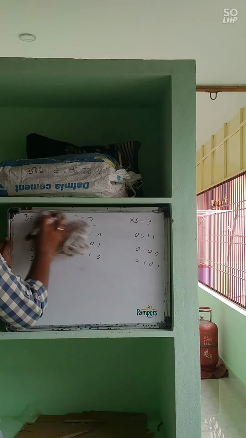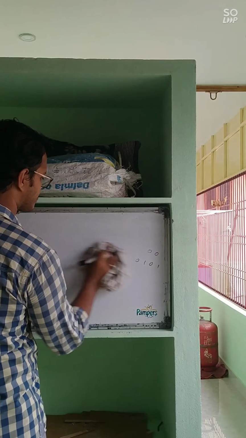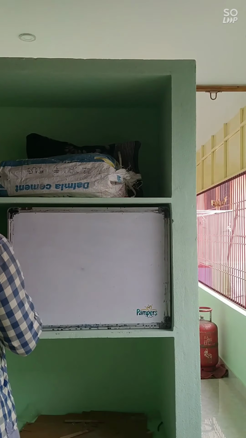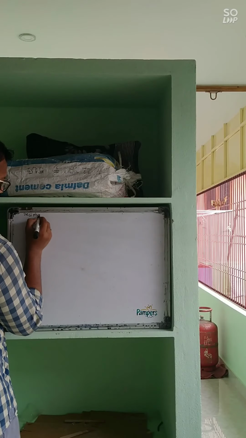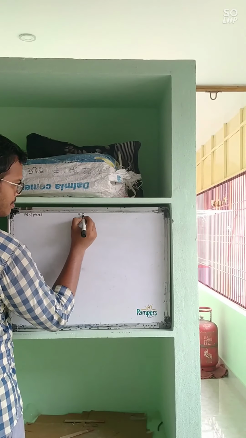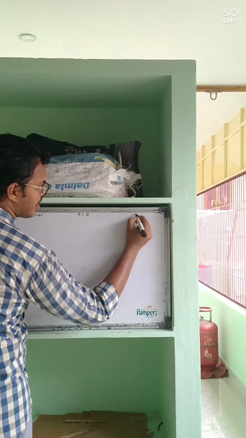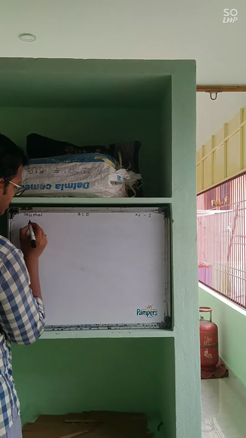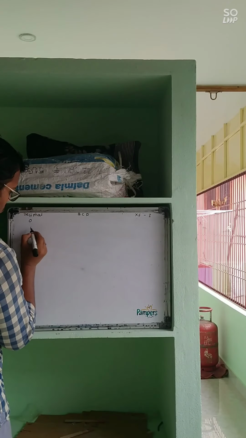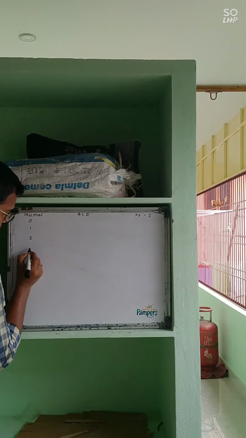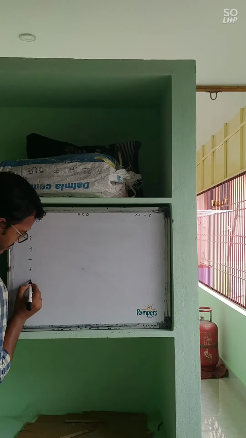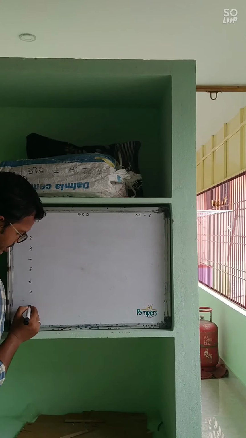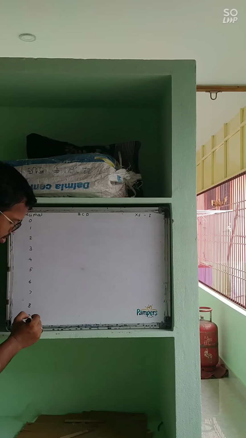Let me rewrite it: decimal number, BCD and XS3 code, 0, 1, 2, 3, 4, 5, 6, 7, 8, 9.